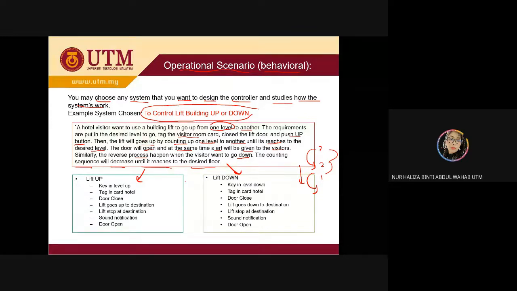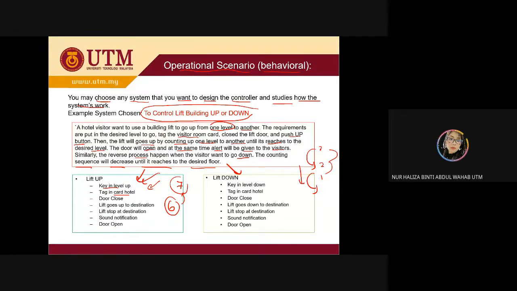So you need to list out what the requirements are: the key-in level up, what the user keys in, let's say 7, and then tag in the hotel card. If, let's say, your room number is 6, up to level 6, can it go to 7 or not? So that is all the requirements for the card tag, right?